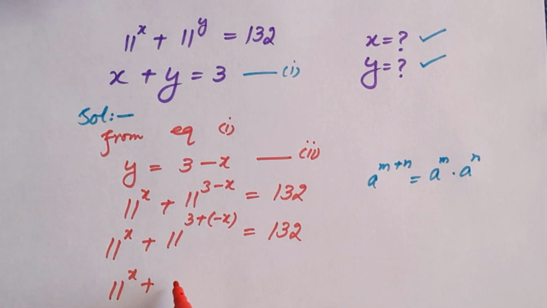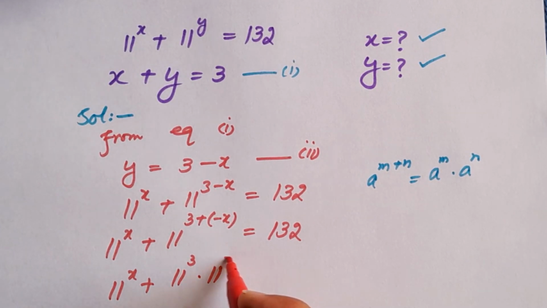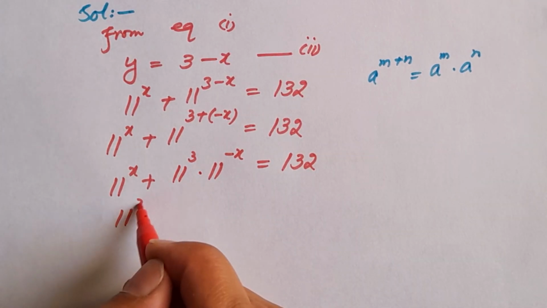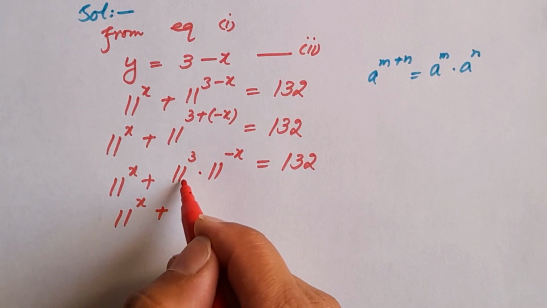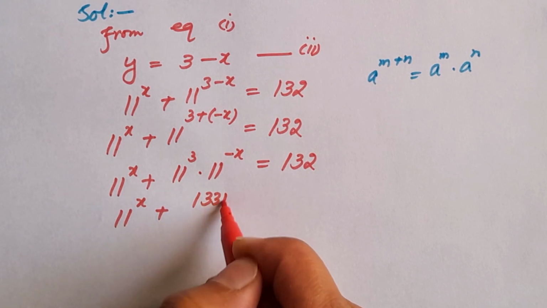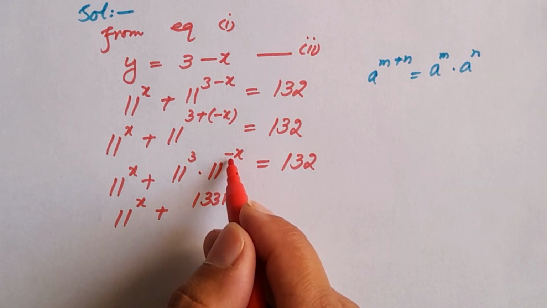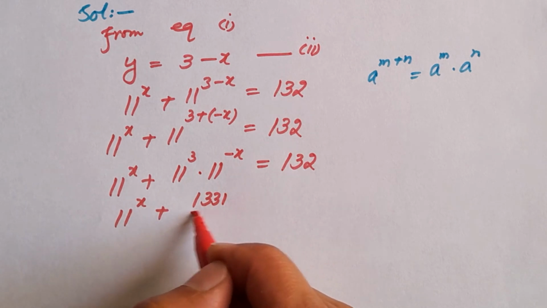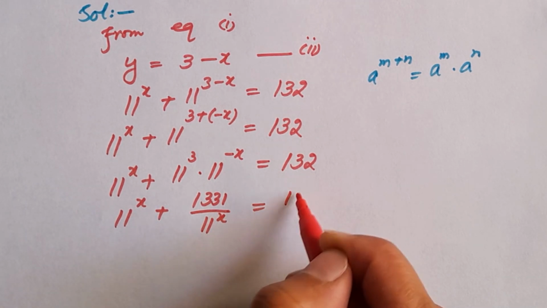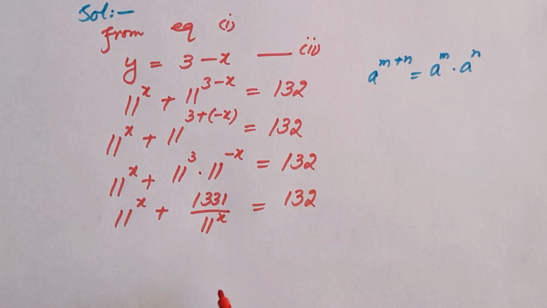So we can write this as 11 to the power 3 times 11 to the power minus x is equal to 132, which is 11 to the power x plus 11 to the power 3, meaning multiplying 11 three times. So this will give us 1331 times 11 to the power minus x, meaning we are going to take its reciprocal, so the power will become positive, is equal to 132.